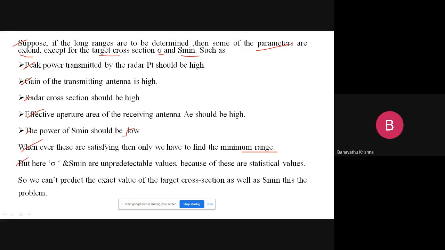But the radar cross section of the target, sigma, and the minimum detectable signal, such as reflected signals, have unpredictable values because these are statistical values. So we can't predict the exact value of the target cross section as well as S minimum in this problem.